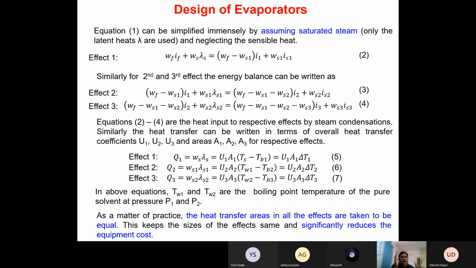I will make the same unit, because if I make a different sized unit in a multiple effect evaporator, then I require a lot of cost, because I need to set up my production line such that I will get two different size equipments, and that is going to incur a cost, isn't it? So the best operating practice is to use the same size of equipment one after another repeatedly.